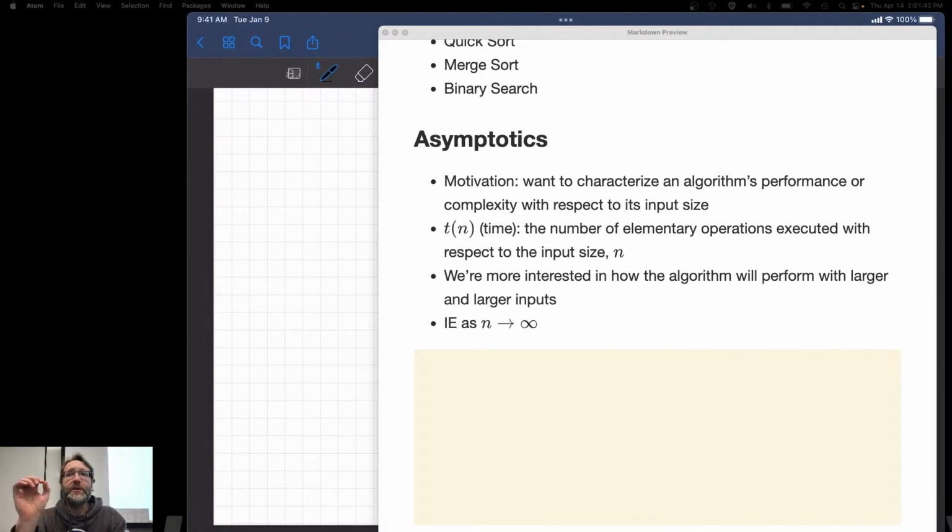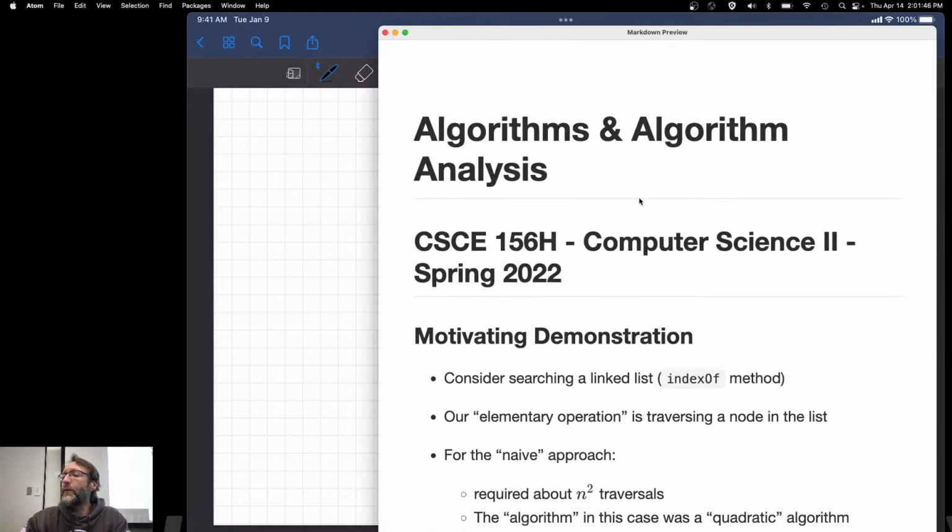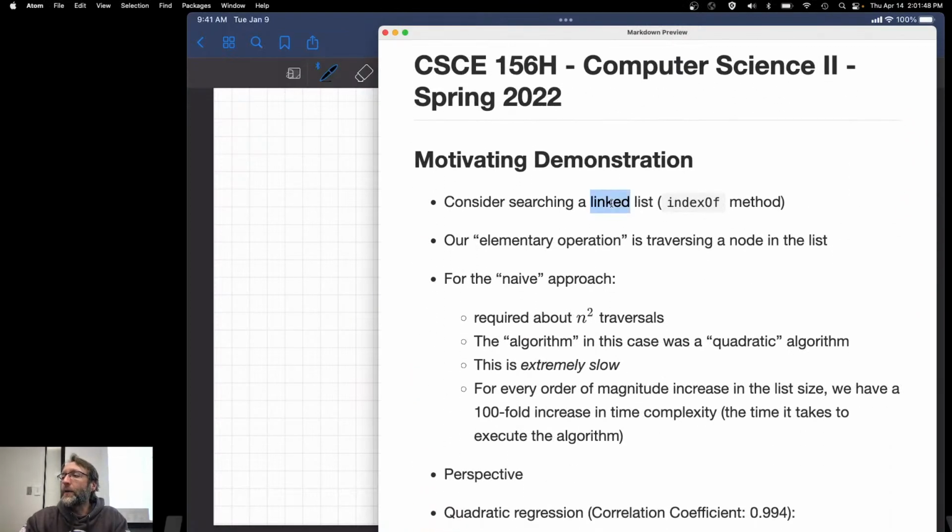We don't care about small input sizes because if you remember when we started this whole thing, I gave you a demonstration of traversing over a linked list, right? And the painter that refused to pick up their paint can with them and always walked back and forth and back and forth. For small lists, say lists of size 10 or 20 or 100, the difference between a linked list and the array-based list was nothing. It wasn't even noticeable by human standards.